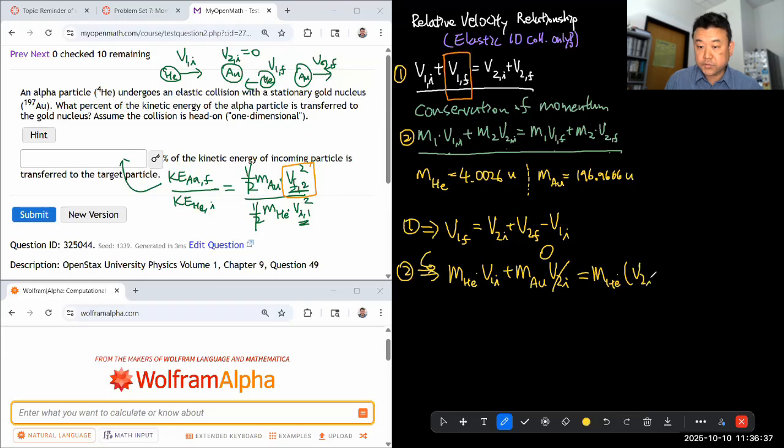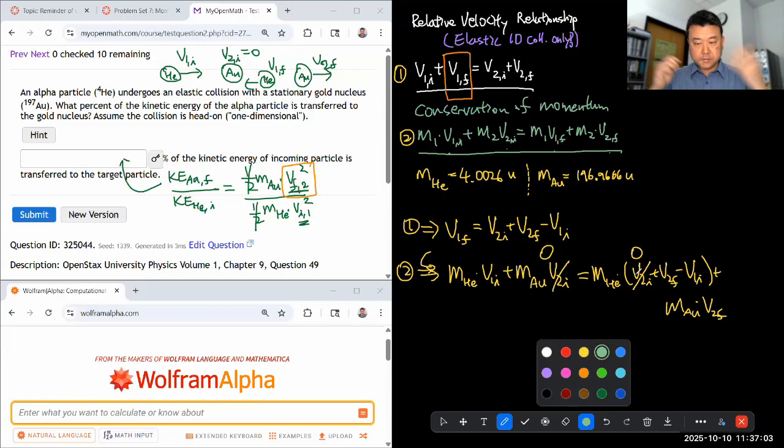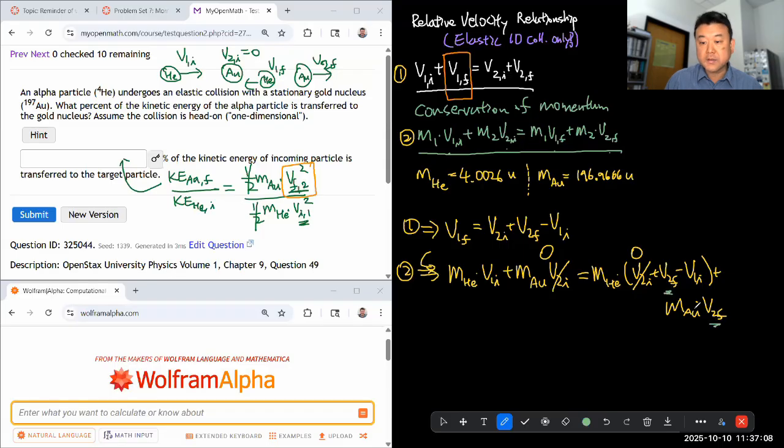So it's V2 initial, which is 0, plus V2 final, which I'm trying to solve for, minus V1 initial, which hopefully I can express everything in terms of. Plus, I have mass of the gold times the V2 final. Yeah, so I'm still trying to solve for that. So I see that on the right hand side is where I have this V2 final that I'm trying to solve for.